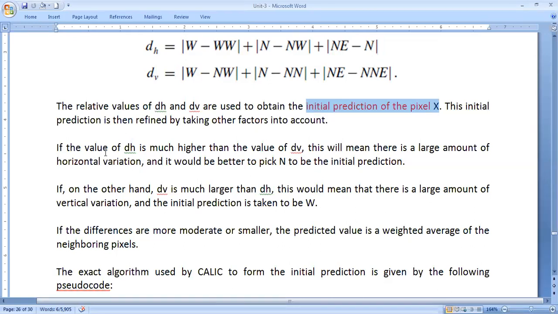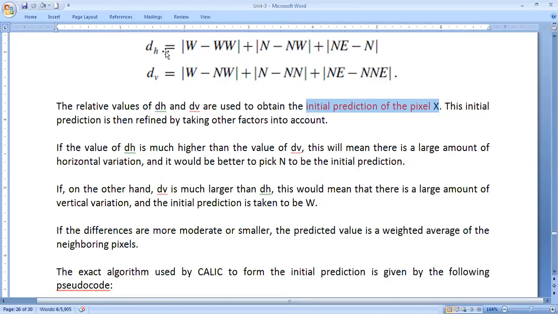So if the value of DH is much higher than the value of DV, this means there is a large amount of horizontal variation with respect to vertical, and it would be better to pick north as the initial value.